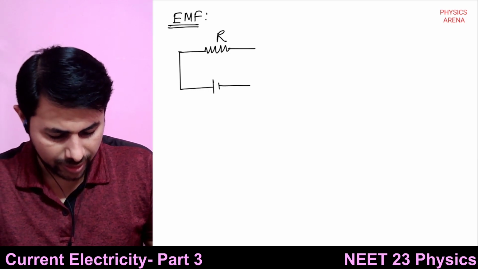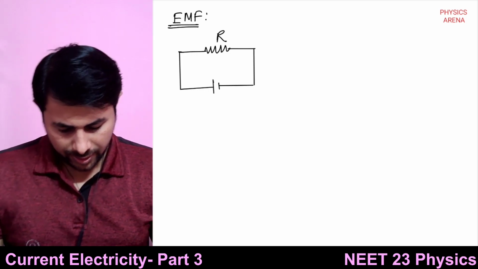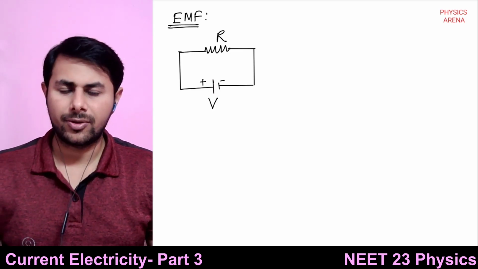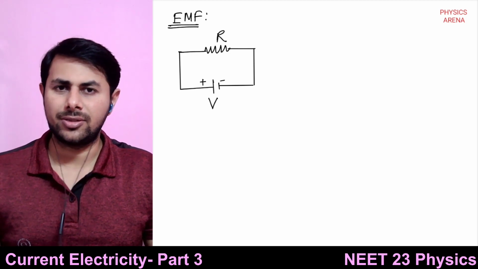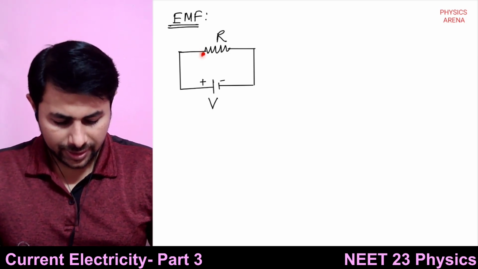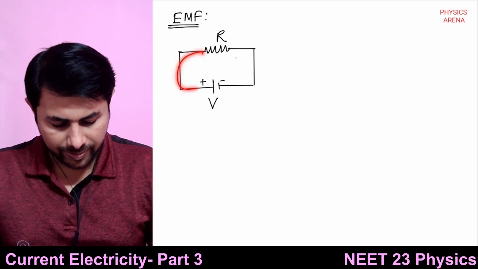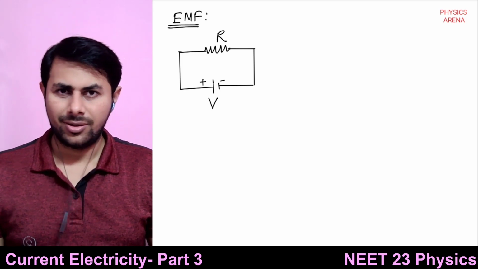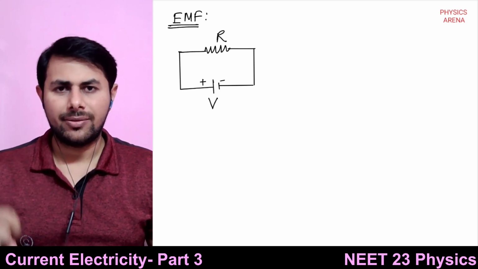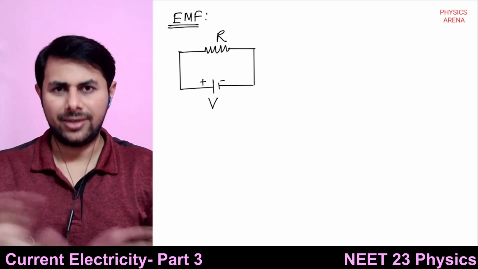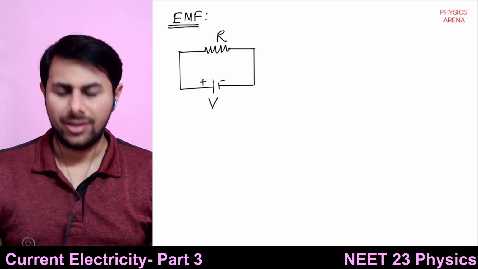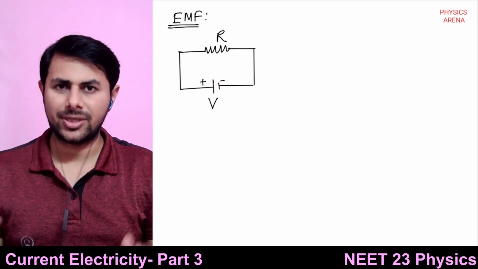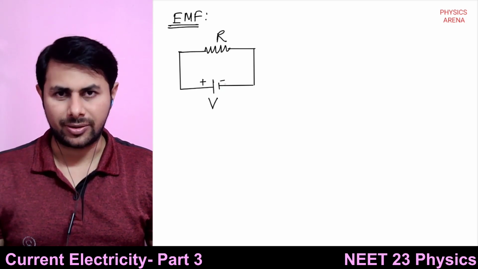And this battery provides some voltage V, voltage meaning the potential difference is V. So when we connect this external resistor across this battery, it provides potential difference equal to V. There is some mechanism happening inside the battery, some chemical reaction, due to which it maintains the potential difference equal to V.